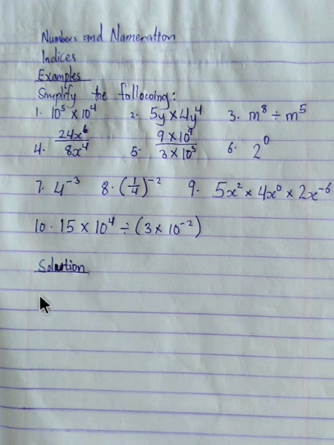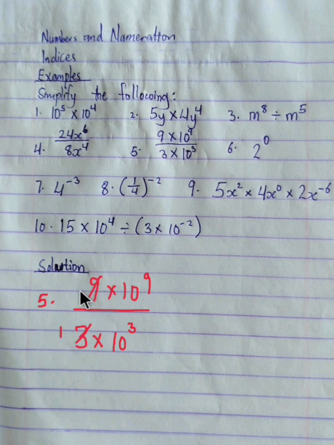In number 5, we have 9 times 10 raised to power 9 over 3 times 10 raised to power 3. 3 in 3, 1, 3 in 9, that is 3. Now we have 3 times 10 raised to power 9 over 1 times 10 raised to power 3.